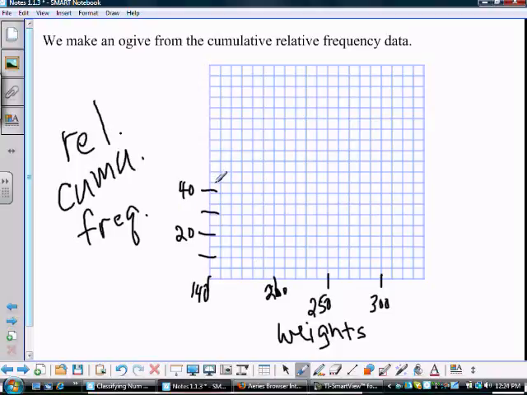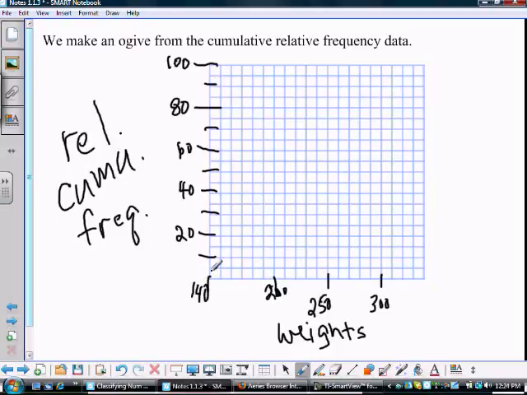I hope so. 60, 80. Oh, I'm going to make it. Oh, good. Did that right. I do believe I did that right. Okay. 140 to 150.